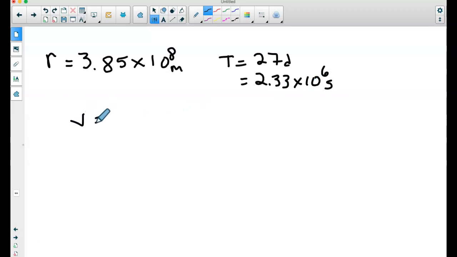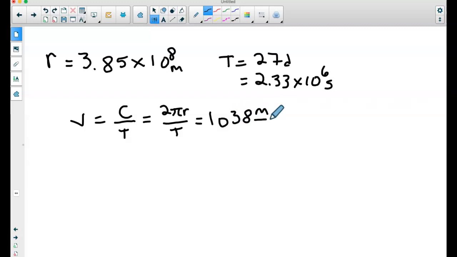So the next thing I'm going to do is calculate the moon's tangential velocity, which is the circumference of its orbit divided by the period, or 2 pi times the radius of that orbit, all divided by the period. I punched that into my calculator and I got 1038 meters per second.